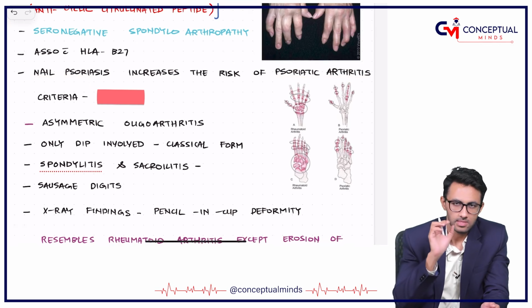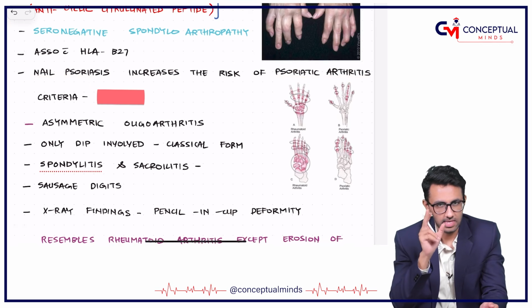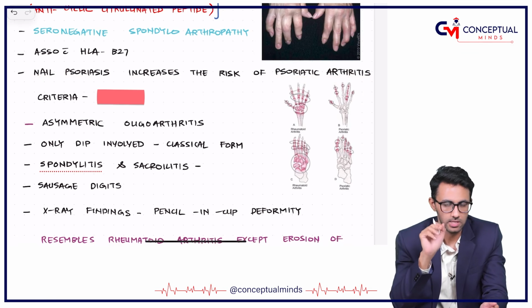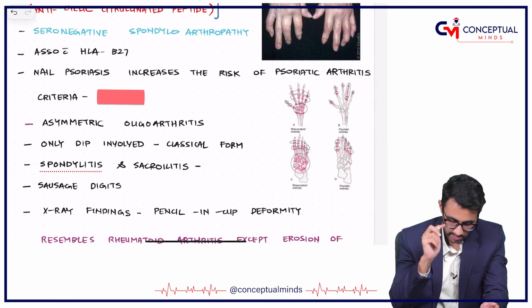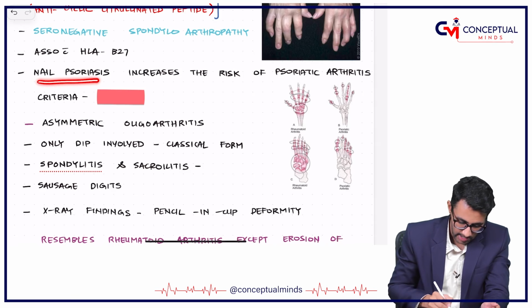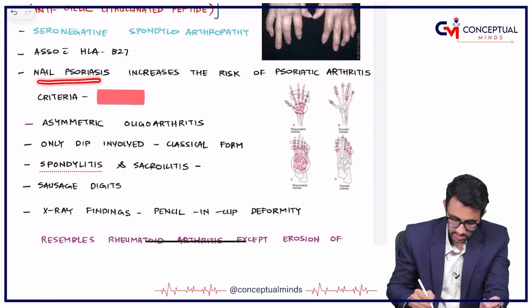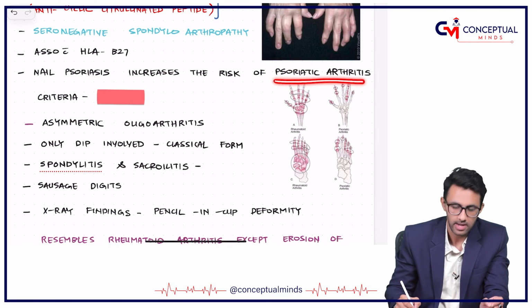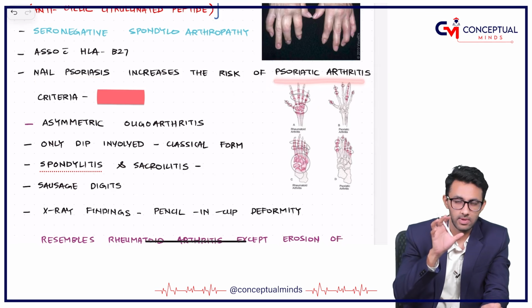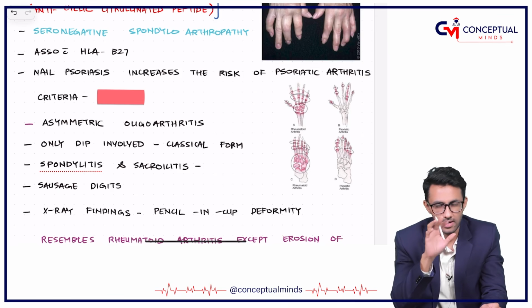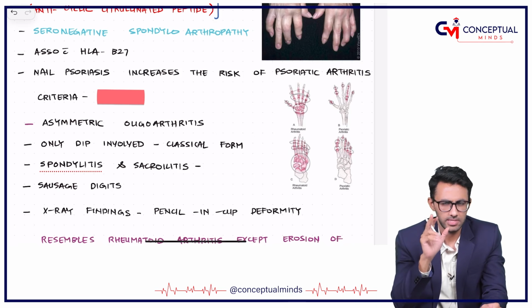When we discussed nail psoriasis earlier, while writing the whole classification, I told you this point: nail psoriasis predisposes to psoriatic arthritis. It is not a very secluded type of finding. It can be found in other psoriasis as well.